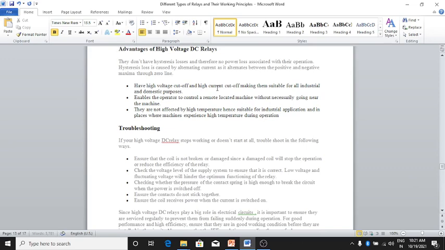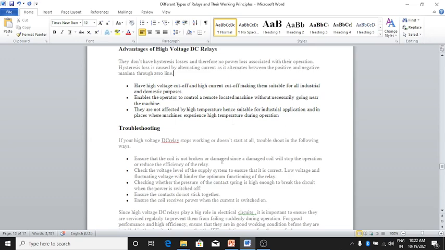Advantages of high voltage DC relay. They don't have hysteresis losses and therefore no power loss associated with their operation. Hysteresis loss is caused by alternating current as it alternates between the positive and negative maximum through the zero line. They have high voltage cutoff and high current cutoff, making them suitable for all industrial and domestic purposes.